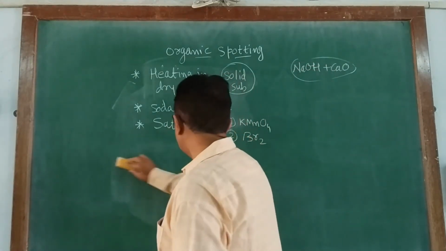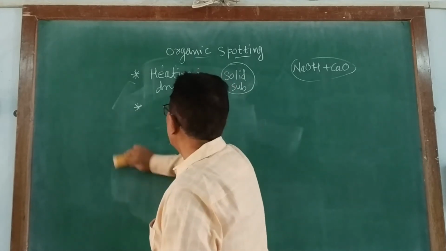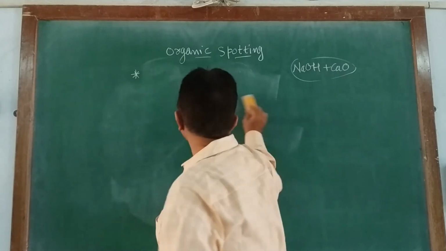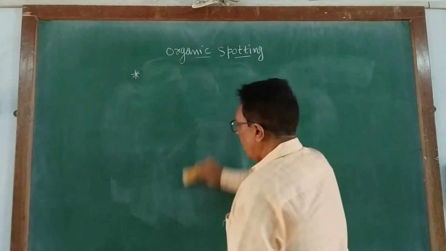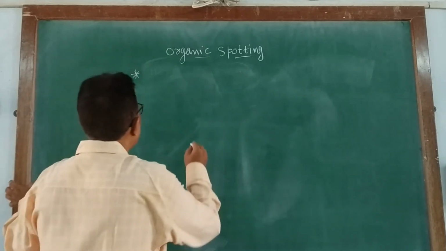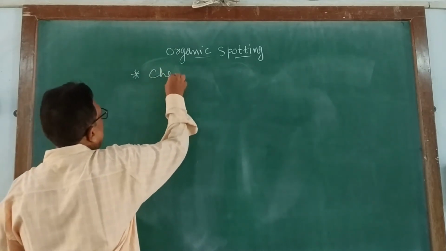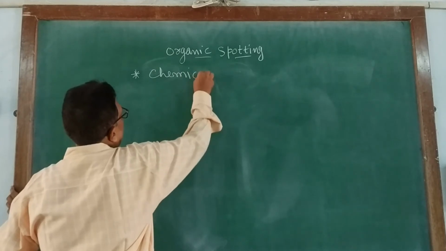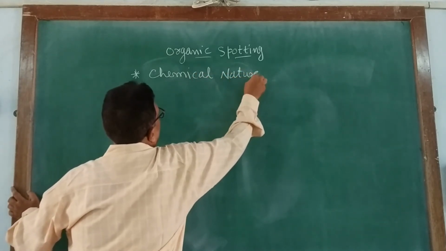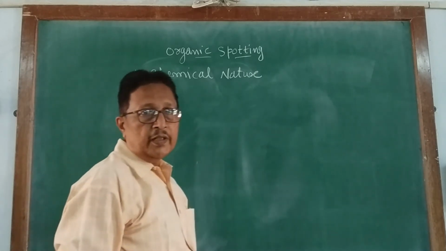But the most important test that we are showing now is the chemical nature. Find out the chemical nature of the substance. How to find the chemical nature, that I am going to explain. Now this is a very important test.